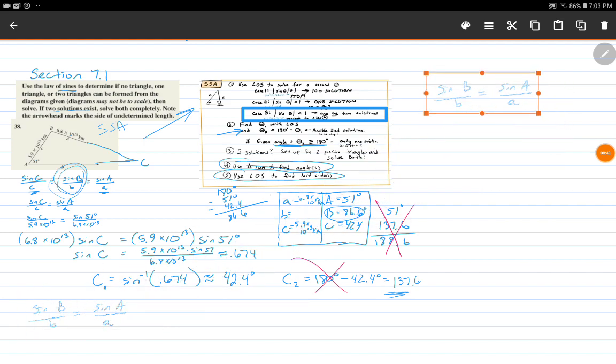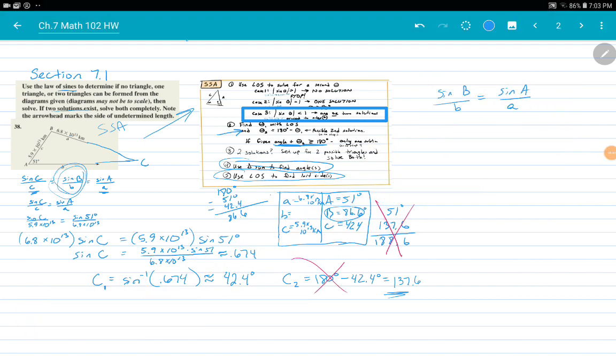I'm just going to move that over here so I have a little more space to do my cross multiplication. So I get sine of B. B was 86.6, so that's sine of 86.6, and I'm looking for B, and sine of A is 51, and side A is 6.8 times 10 to the 13th kilometers.